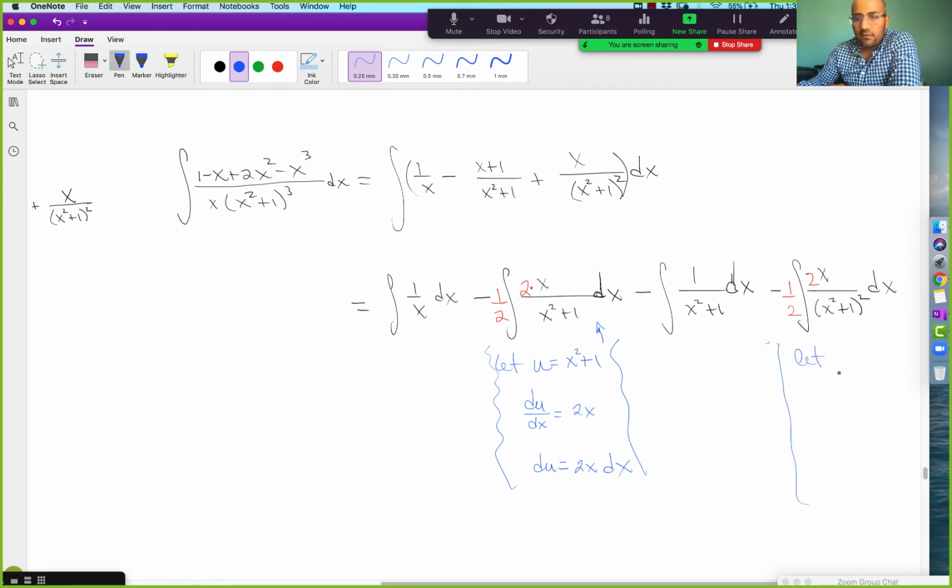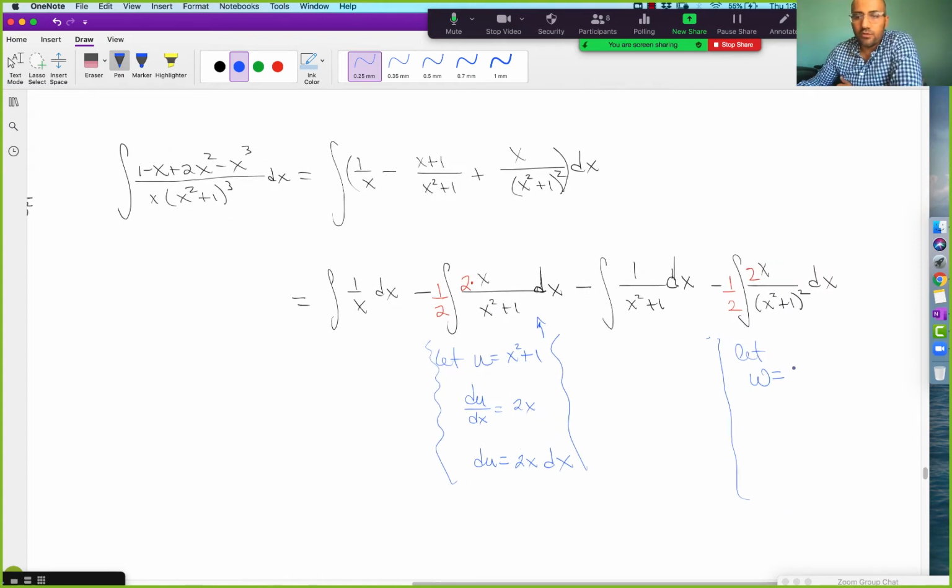I'm going to let, just to make sure no one gets it confused, I'm going to do a w substitution over here. x squared plus 1, dw dx equals 2x, therefore dw equals 2x dx. So I'm going to substitute this one using the w variable. This one I'm going to leave alone because this is one of our standard integrals, right? This is just tangent inverse. So there's no work that needs to be done for that one.